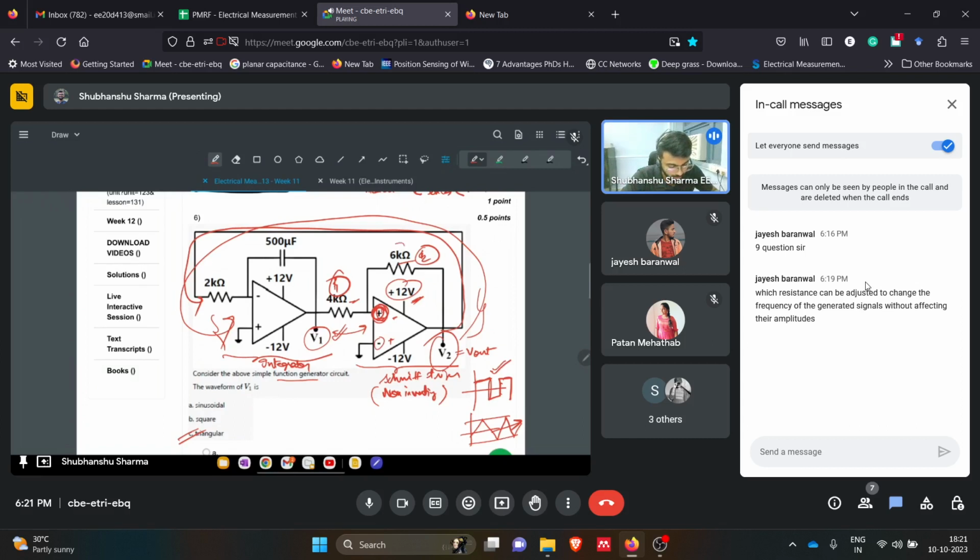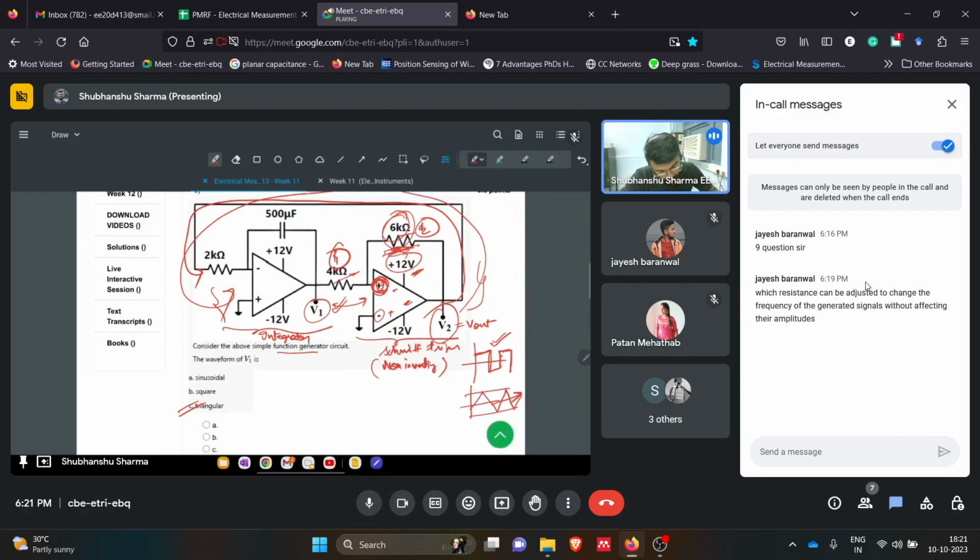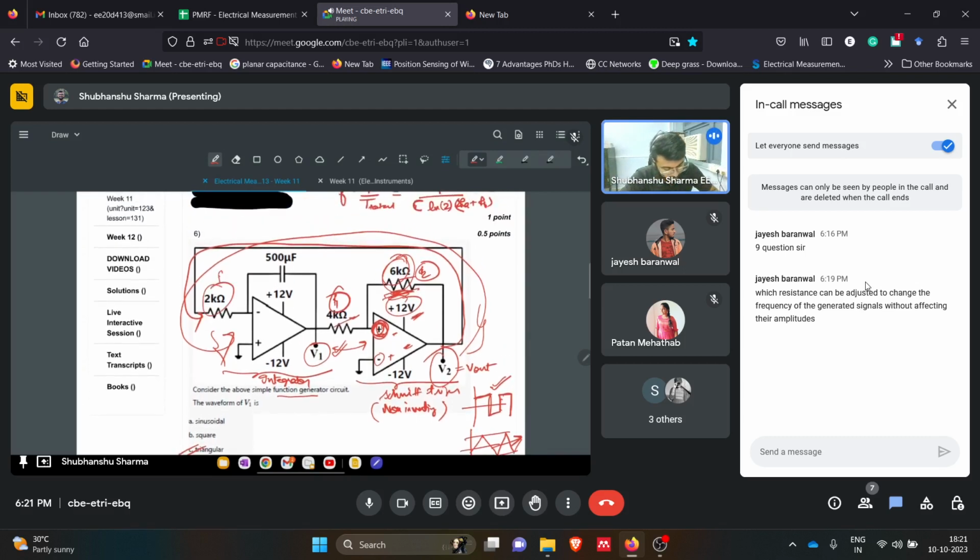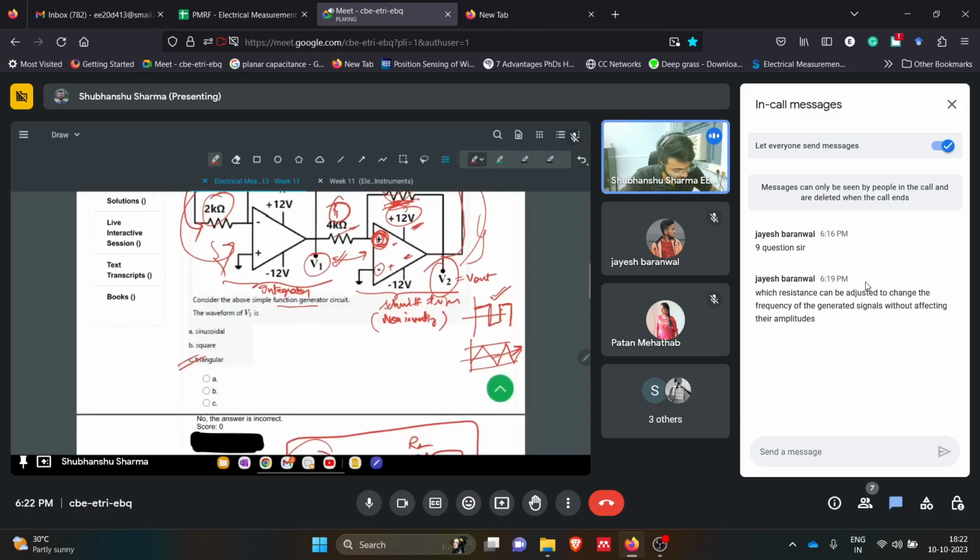So its output will not depend on the value of its feedback R1 or R2. But if you change this R, let's say, what will happen then is you will be changing this peak.